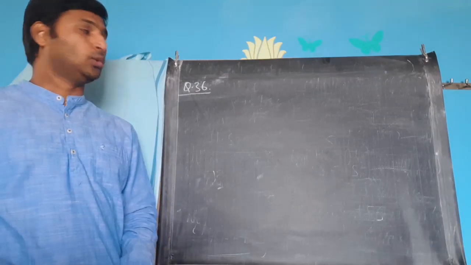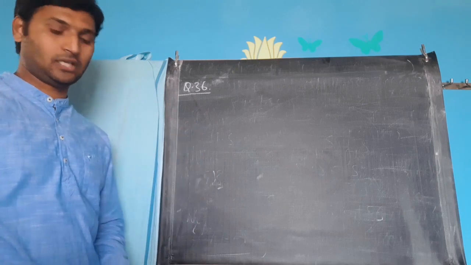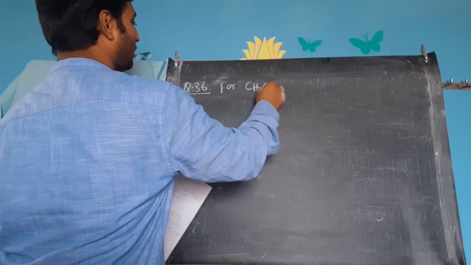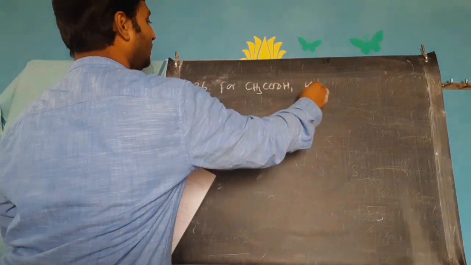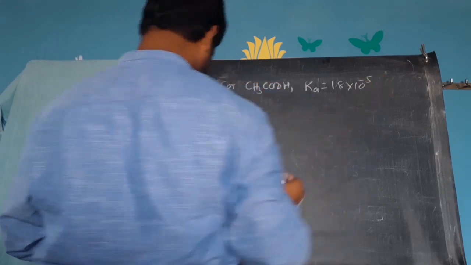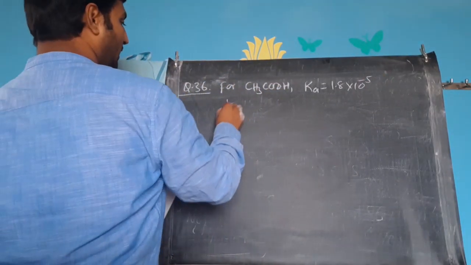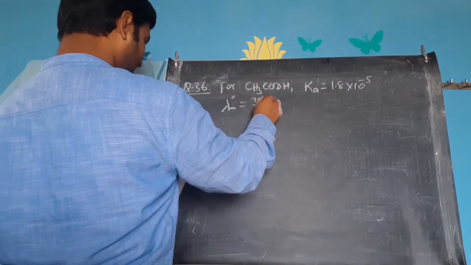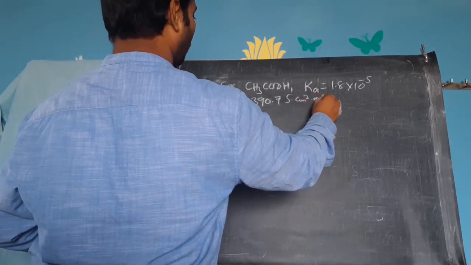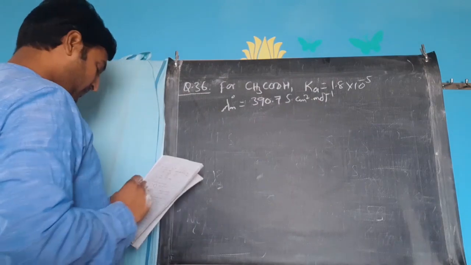Okay, let's move on to question number 36. For the weak electrolyte acetic acid, the acid ionization constant is given as 1.8 into 10 power minus 5. Limiting molar conductivity is given as 390.7 Siemens centimeter square mole inverse, the CGS units.